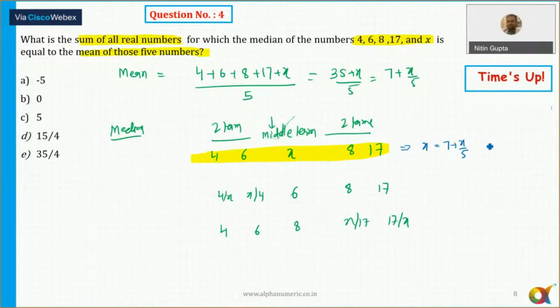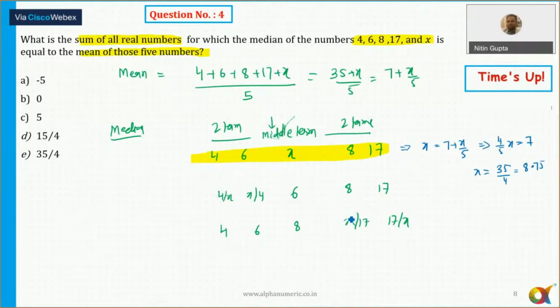So x minus x by 5, that is 4 by 5 x, equals 7, so x equals 35 by 4. Calculating 35 by 4, 4 8s are 32, so I am getting 8.75.